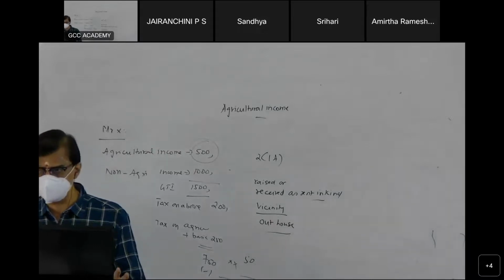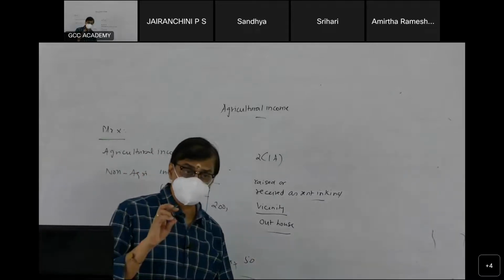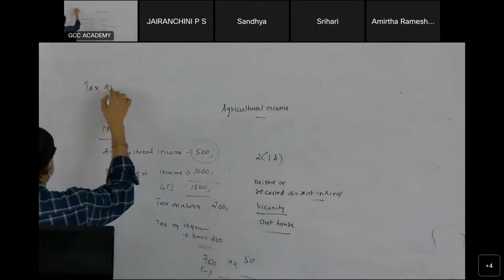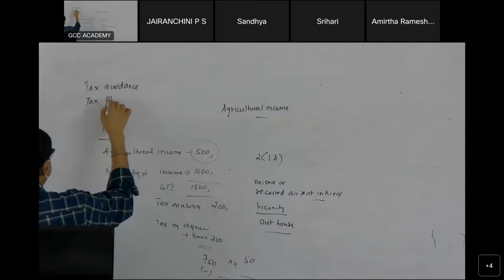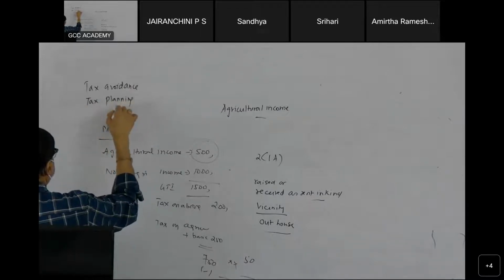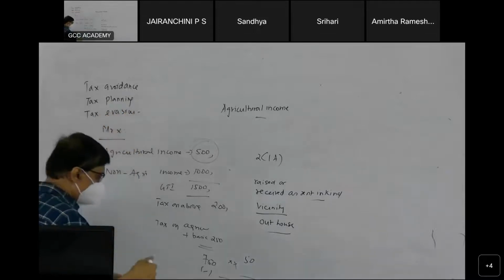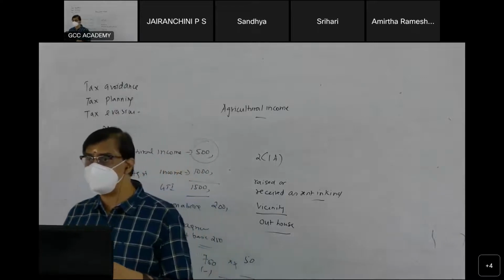What I am asking is, what is the difference between tax avoidance, tax planning, and tax evasion? Tax evasion means you are bound to pay tax, but you are evading it or not paying it.